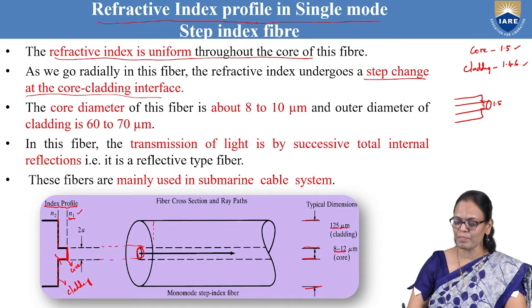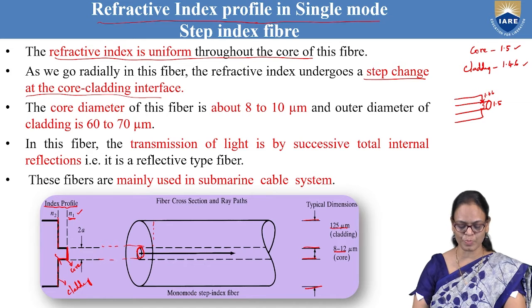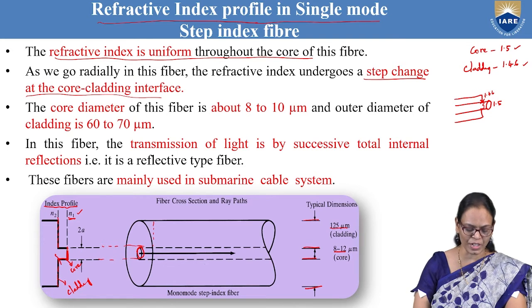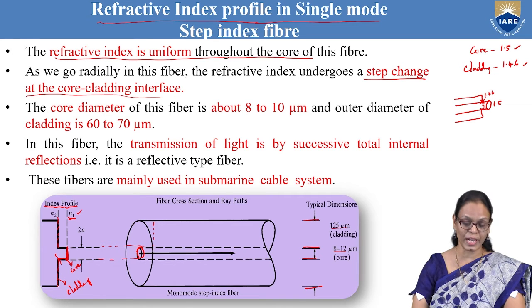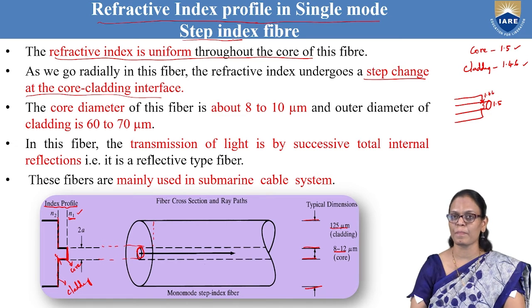But when it comes to this point, the refractive index of the cladding is 1.46. So there is a step change from 1.5 to 1.46. That is what we are talking about in the refractive index profile. Throughout the core the refractive index is uniform, and the refractive index of the cladding is also uniform. But at the interface between the core and the cladding, there is a step change. That is why we call it step index fiber.